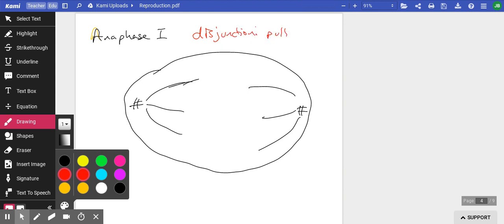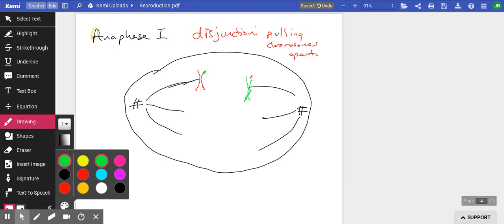In this case, we'll show the 2 red chromosomes get pulled to the left, and the 2 green chromosomes will get pulled to the right on chromosome 1.